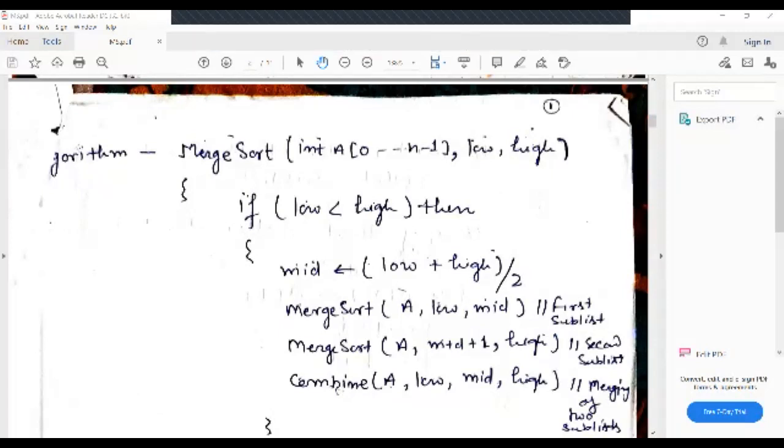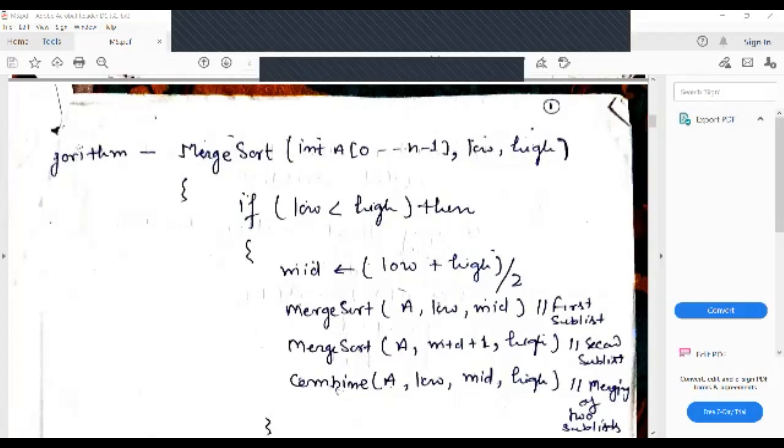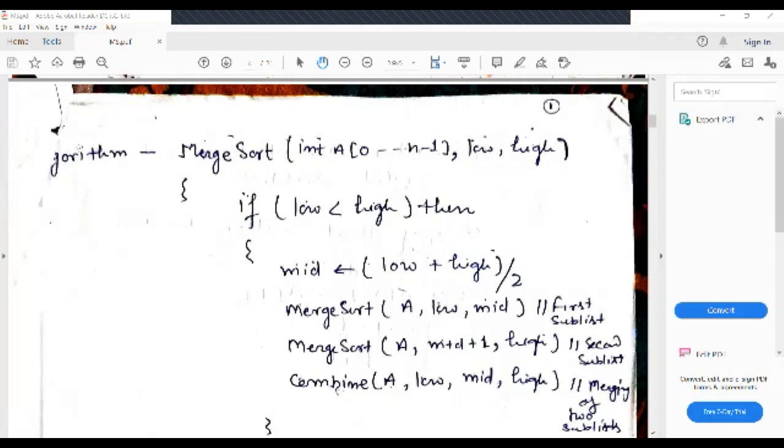First, how does this divide and conquer approach work? Suppose there is a big problem. The first step is to divide that big problem into smaller pieces, like dividing a problem into two halves. Now it is easy to tackle these sub problems one by one.